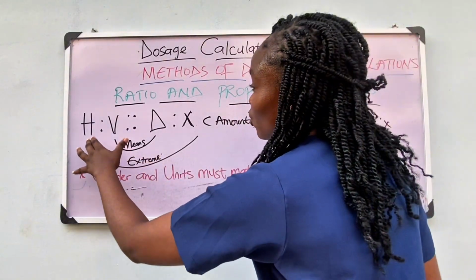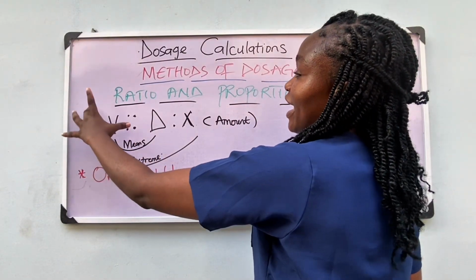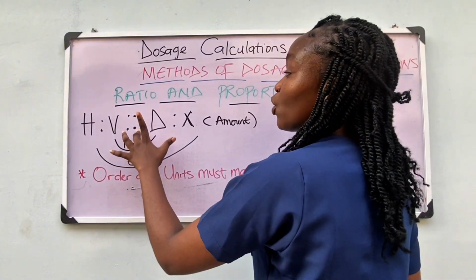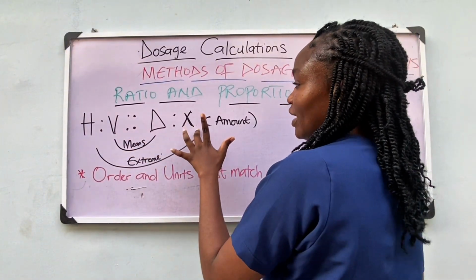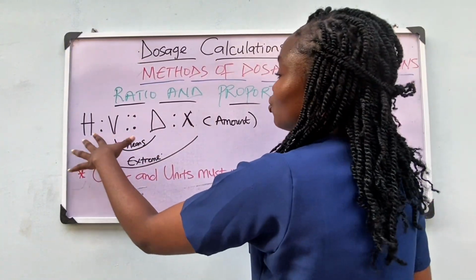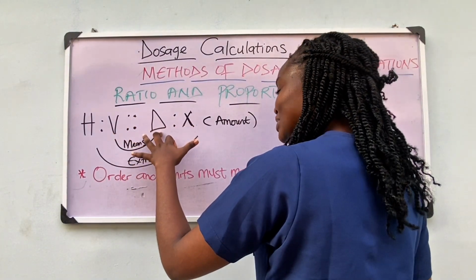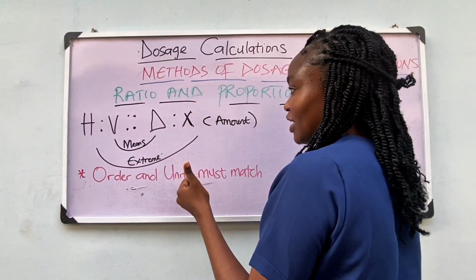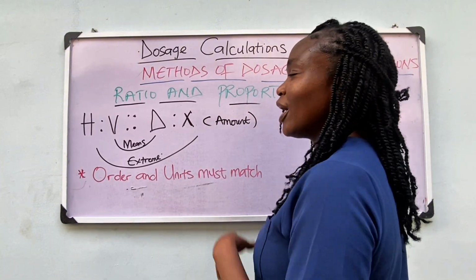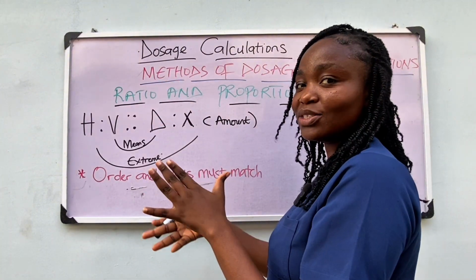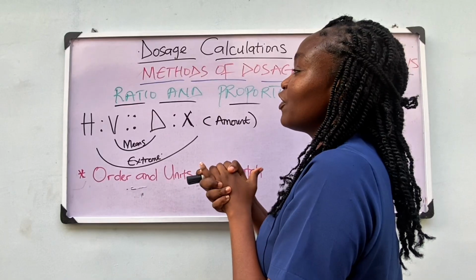What we are simply having here is that H ratio V equals D ratio X, meaning the drug we have ratio the vehicle equals the drug we desire ratio the amount. We already know this, but how do we multiply this in order to get our answer? It's very simple.